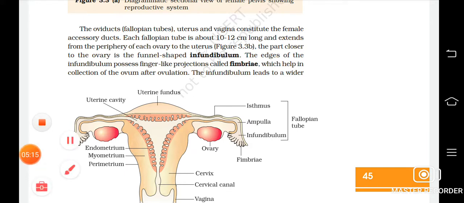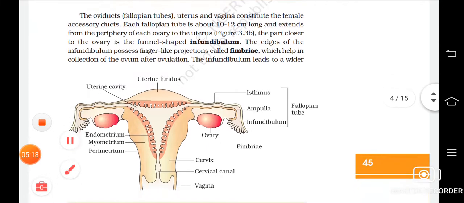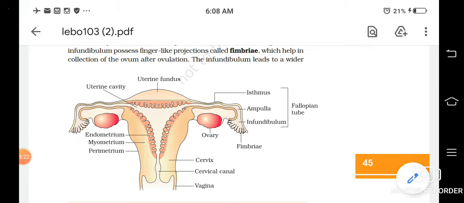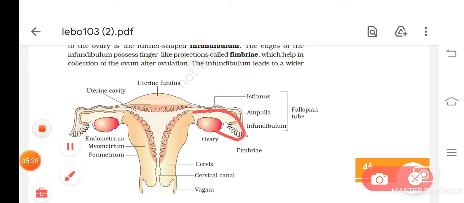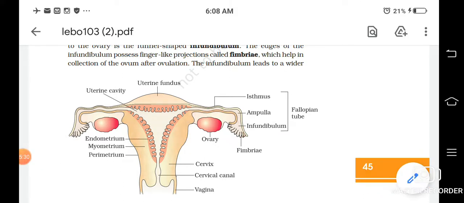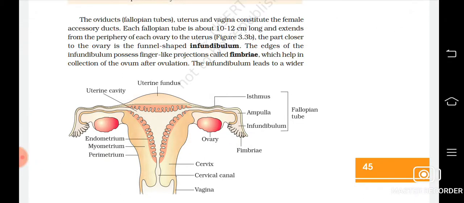You can see it extending from this ovary and getting attached to the uterus. The part closer to the ovary is funnel shaped, and it is known as the infundibulum.